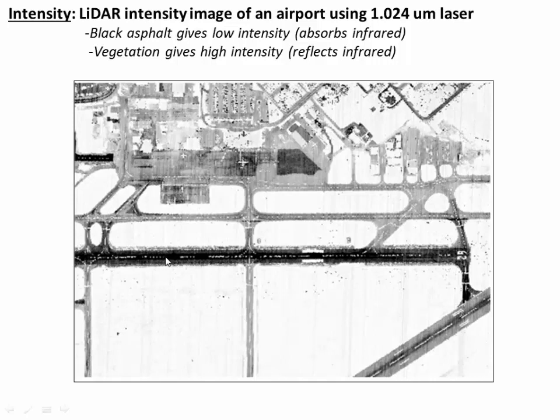So the intensity returned is very low, and the asphalt therefore appears dark. In contrast, the grass around the runway is vegetation. It's very reflective at 1024 nanometer, and so it appears very bright. So you can see that there's actually compositional information within the intensity of the LiDAR return.